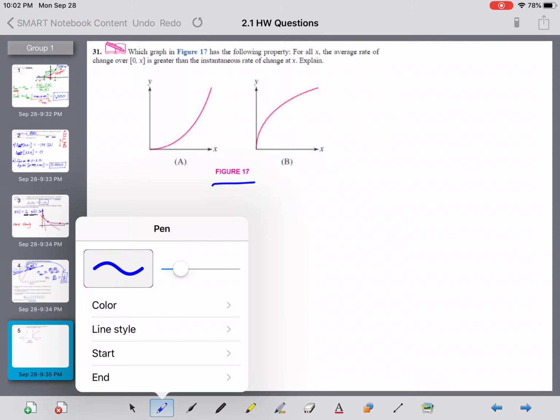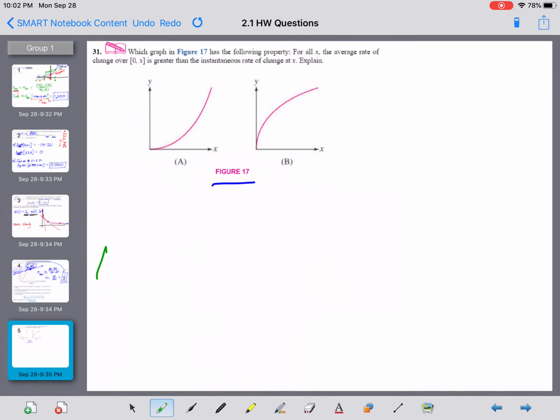Okay, here's the first thing we should know, everybody, and if we don't have these ideas down, we better get them down soon. Average rate of change is synonymous with the slope of a secant line. So they're asking us to compare the average rate of change over the interval from 0 to x. That's a secant line that starts here when x is 0, and it ends here with an x coordinate of x.